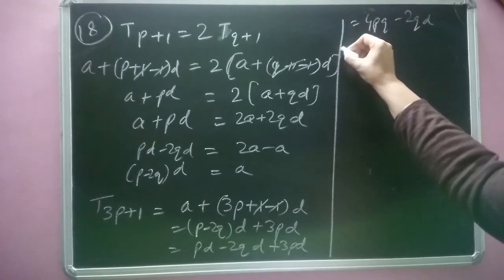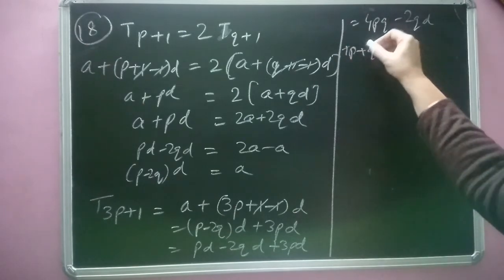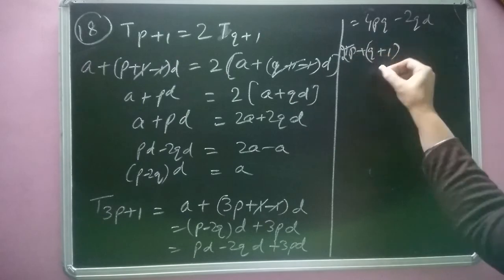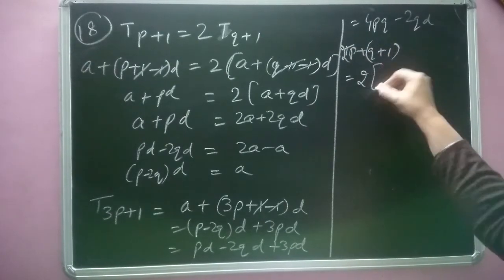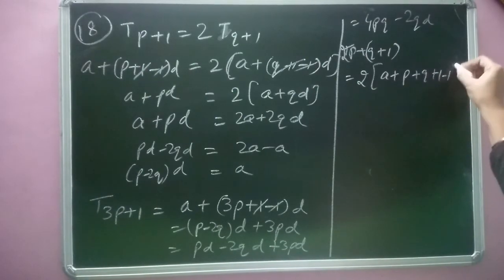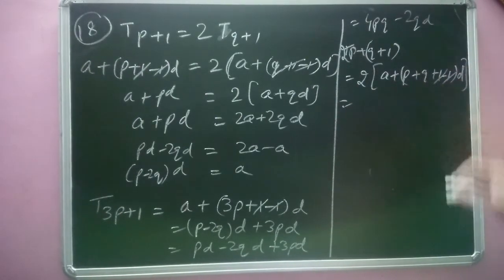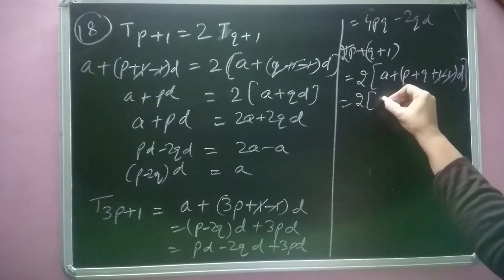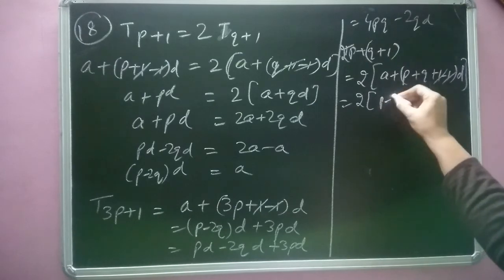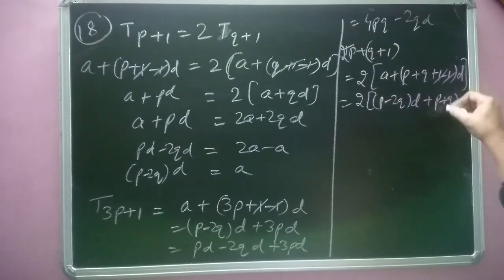And then we have to find out T(p+q+1) into 2. So this becomes 2 times (a plus (p plus q plus 1 minus 1) into d). Again plus 1 minus 1 will get cancelled. So you get 2 times (a, where a is (p minus 2q) into d, plus (p plus q) into d).